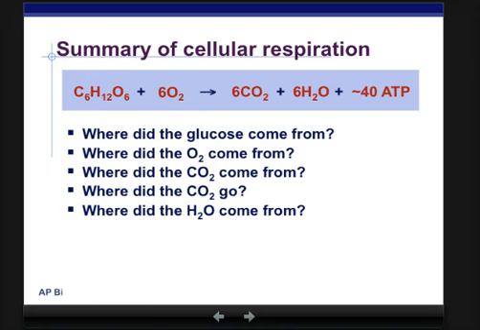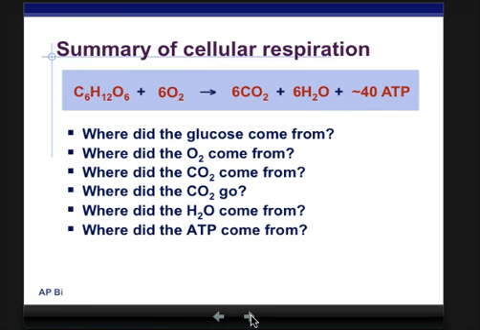Where did the water come from? Well, it came from oxygen after it accepts the electrons in the electron transport chain. Okay, that's why oxygen is necessary for cellular respiration. Okay, where did the ATP come from?